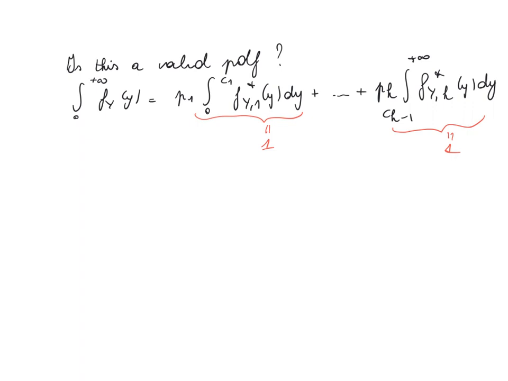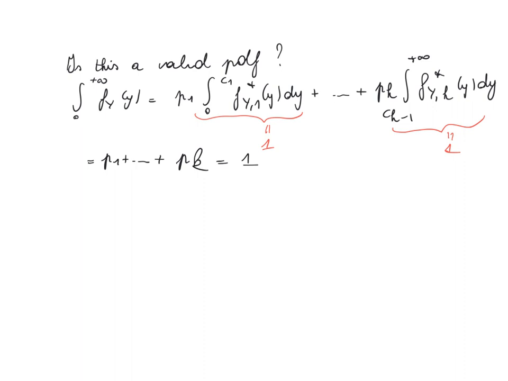So if I put this all together, I'll get the sum of the weights, and of course this sum of the weights should be equal to 1 in order to make this a valid probability density function. So that is why this construction can potentially work to define a suitable, legitimate PDF.